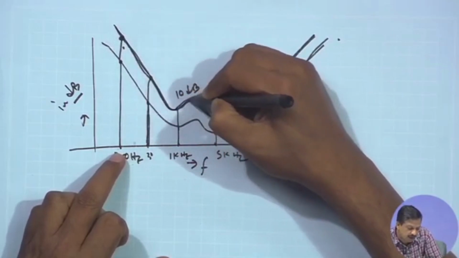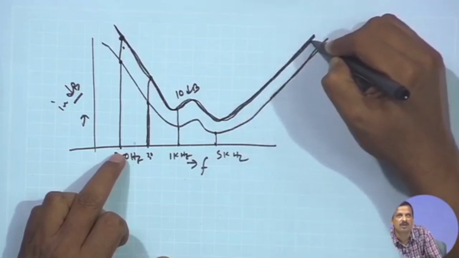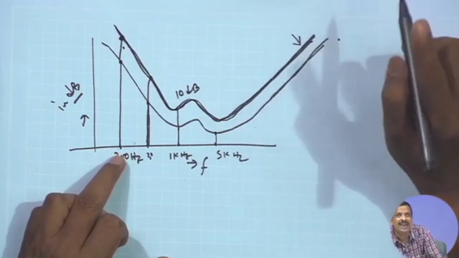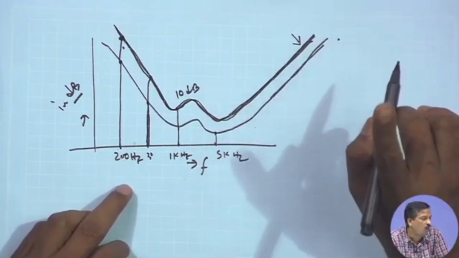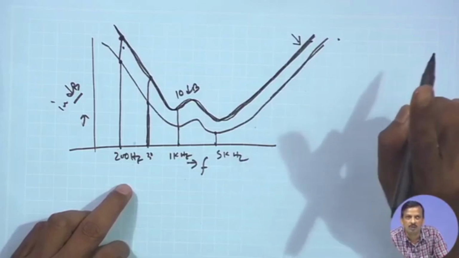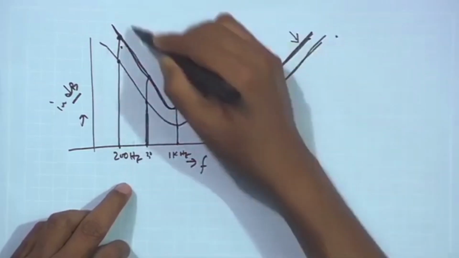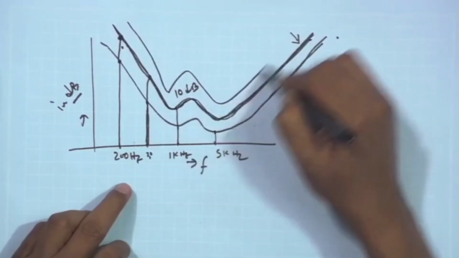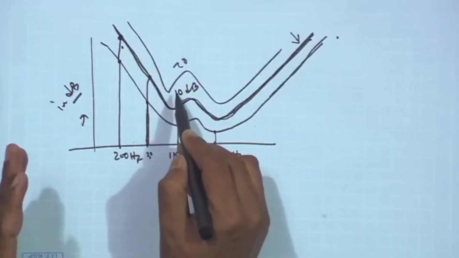So, if I go along this line, the loudness will be the same. That is why it is called equal loudness curve or phone curve. Along the line loudness will be equal, let us say it is a 20 dB curve. This is the perception of sound, intensity is different.